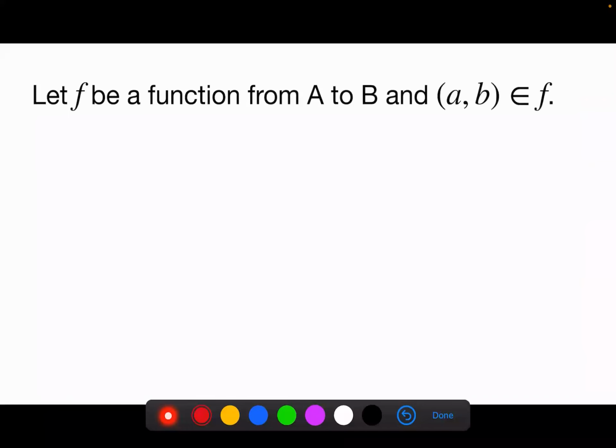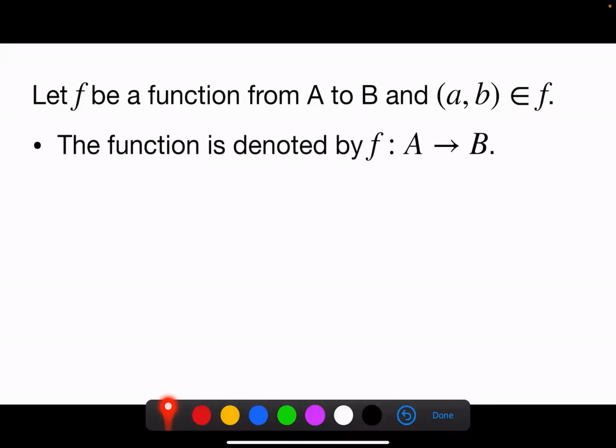Okay, so it is important to understand a little notation. So we write it like this: let f be a function from A to B, and if you take an ordered pair which belongs to the function. Now, a few terms that we need to understand.